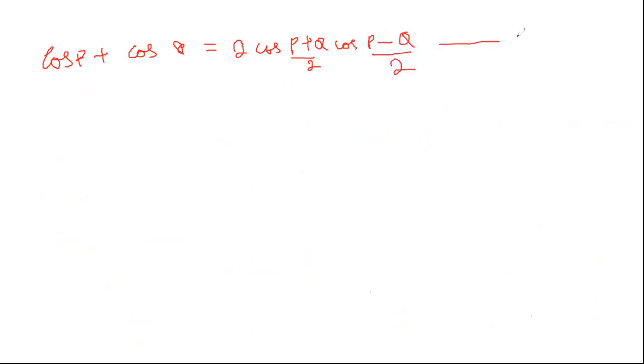That will give us cos P plus cos Q equals 2 cos of (P plus Q) divided by 2, then cos of (P minus Q) divided by 2. So this will become our first identity in a factor formula.